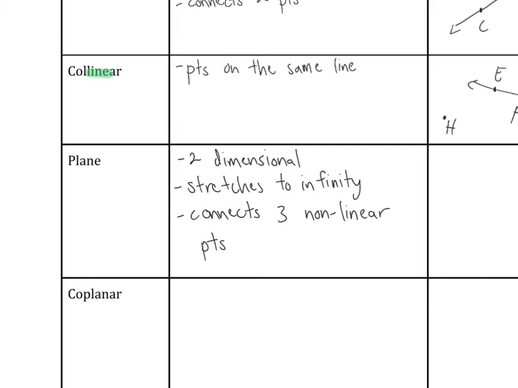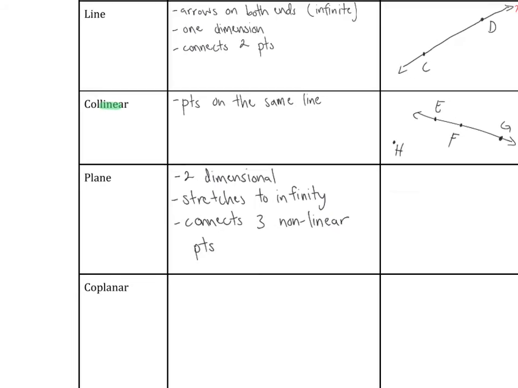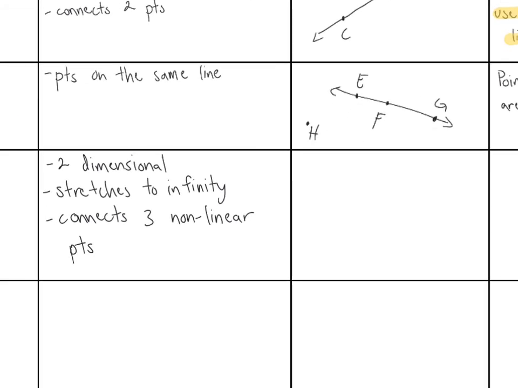That word nonlinear is the exact opposite of collinear. If collinear means points on the same line, nonlinear means points that are not on the same line. So in order to draw that, we need 3 points specifically that are not on the same line.